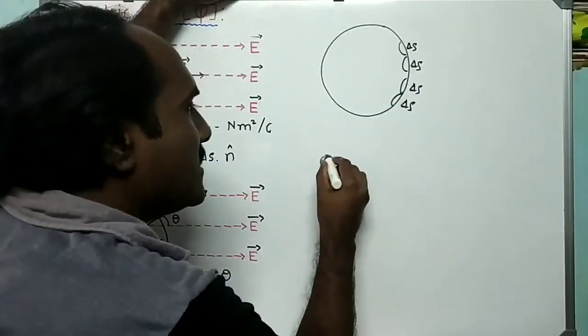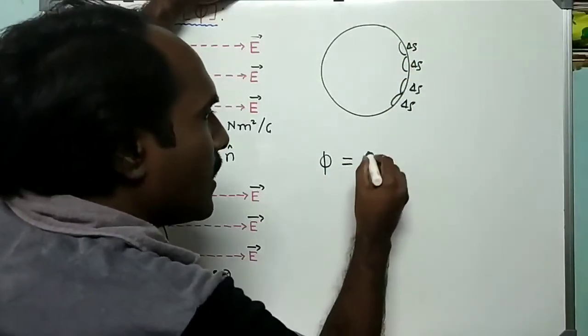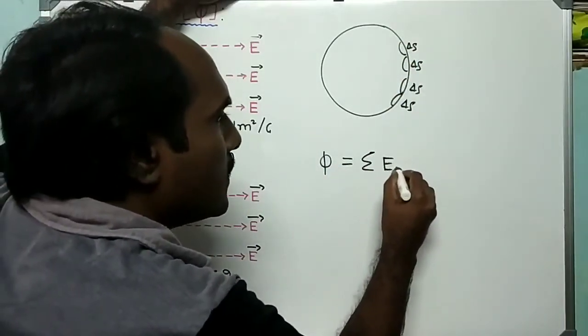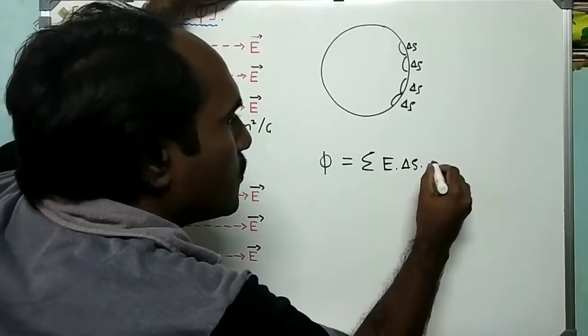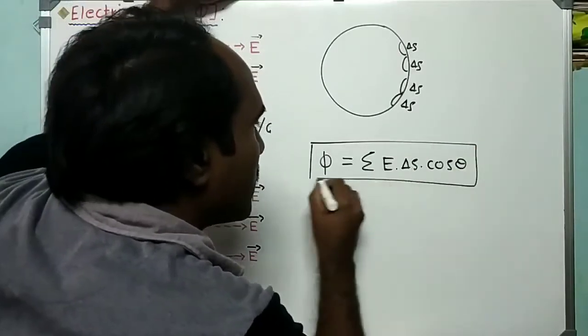That is, in general, flux across this whole surface is given by the summation of E into delta S into cos theta. This is the standard equation.